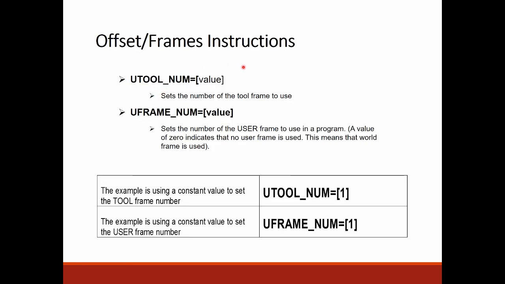So anytime when creating a motion instruction, it's highly advisable to insert at the beginning of the program, or any time that these values would need to be changed, the user tool and the user frame that is used for the following set of positions, and which frames those positions were taught. This helps us to make sure that the values for both of those frames are the values in which were used to teach those positions.